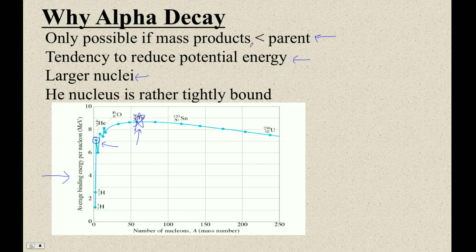So mathematically, when you set up the reaction, it's possible for the products to have less mass than the parent, just because that's so tightly bound. You don't find any other nuclei really spit out in ordinary reactions, certainly not any spontaneous ones. We'll talk more about this curve later, but there you go.